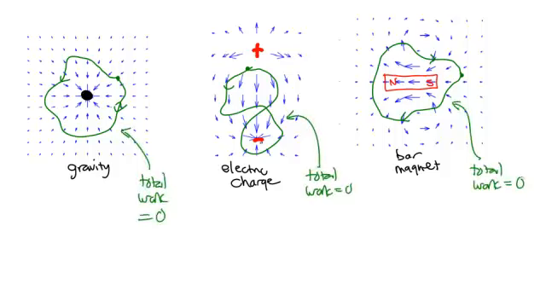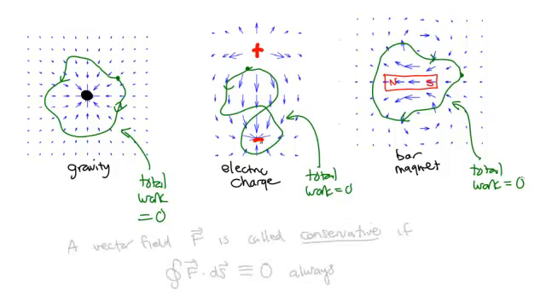A physicist would say that gravity or electric charge or bar magnets conserve work.